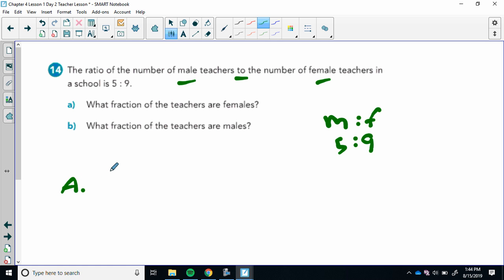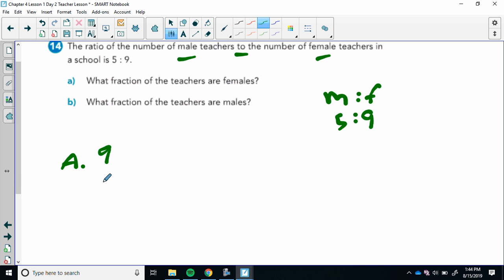The numerator would be the number of female teachers. The denominator would be the total number, which would be 14, so 9 over 14. That is in simplest form. And B, what is the fraction of male teachers? That would be 5 over 14, which is also in simplest form.